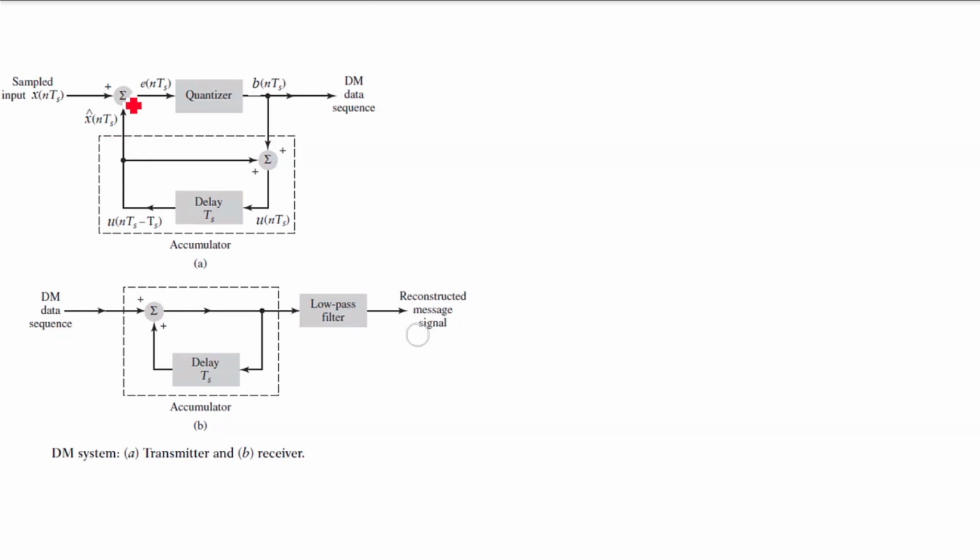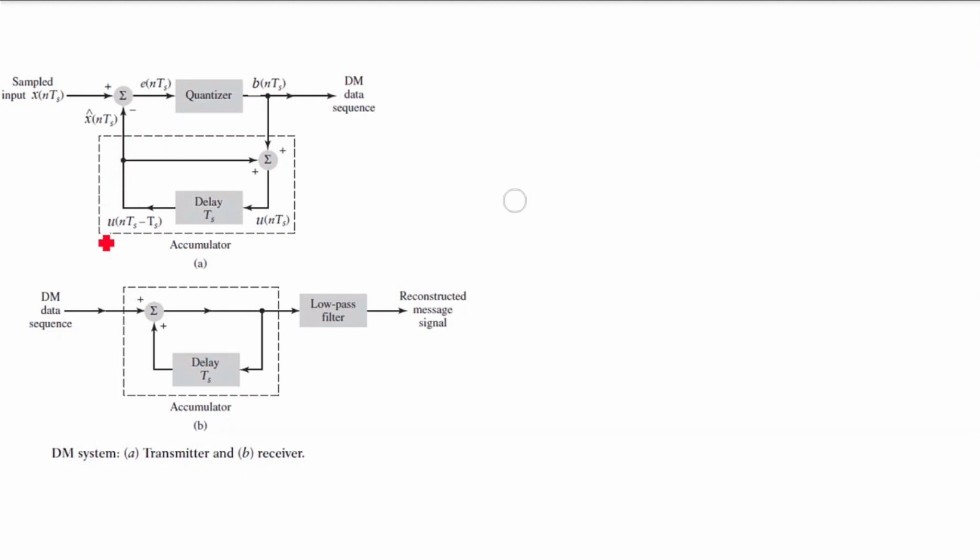What is going to be done here is the difference between the signal sample and its approximation, or you can say delayed by Ts, a past value will be taken, and the resulting signal will be e of n Ts. Now if this e of n Ts is positive, the step size will be increased by delta. If e of n Ts is negative, the step size will be decreased by delta.